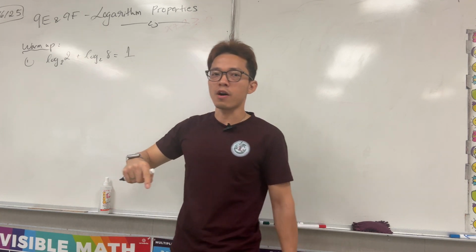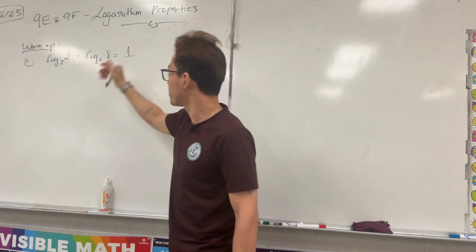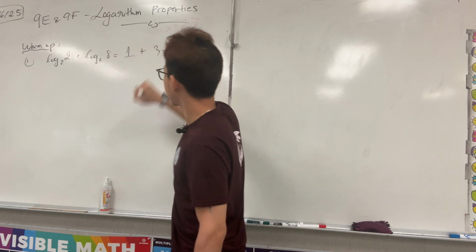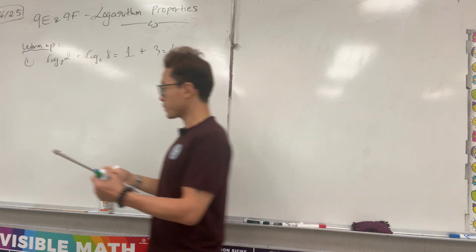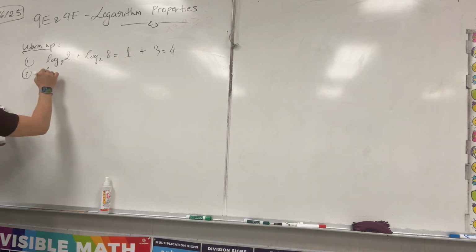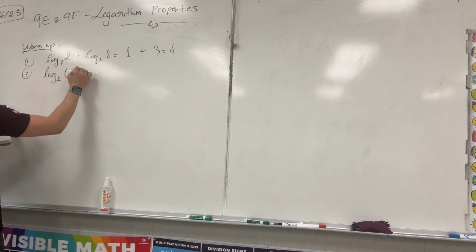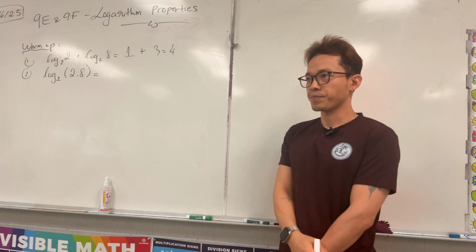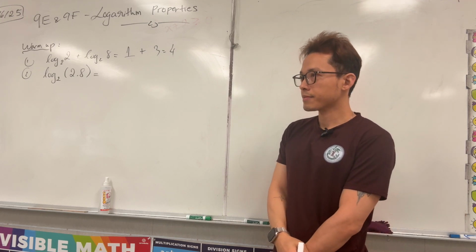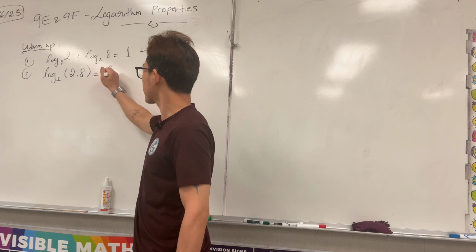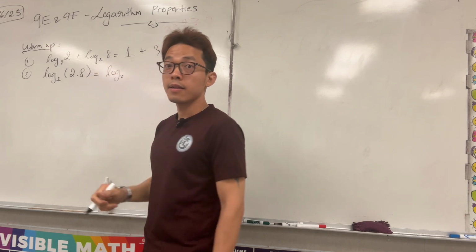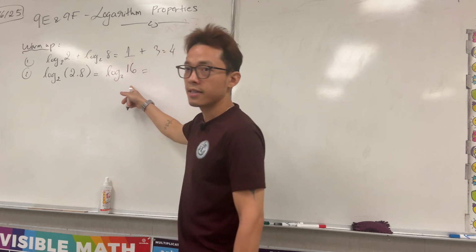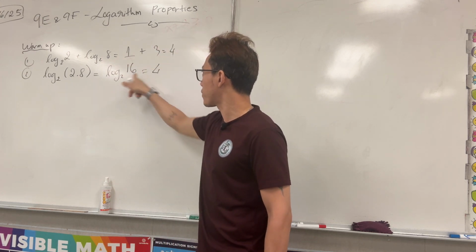What is the log base 2 of 8? 3, because 2 to the power 3 is 8. Okay, very good. What's the log base 2 of 2 times 8? 2 times 8 is 16. 4, because 2 to the power 4 is 16.